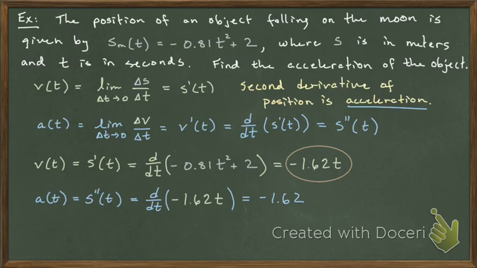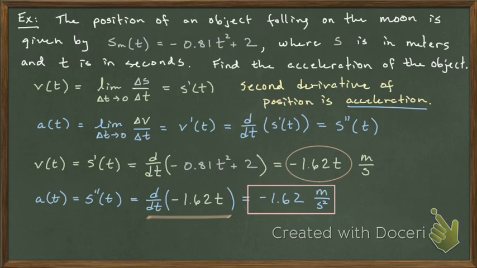Since we've got some physicalness to this problem, it's important to talk about units here. Our velocity is the change in position. Position here is in meters, and time is in seconds. So it's the rate of change of position with respect to time. That's meters per second. Acceleration is a double kind of unit. It's the rate of change of velocity with respect to time. If velocity is meters per second and I'm changing that with respect to time, then I'm looking at meters per second squared.